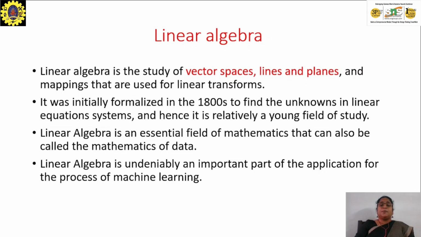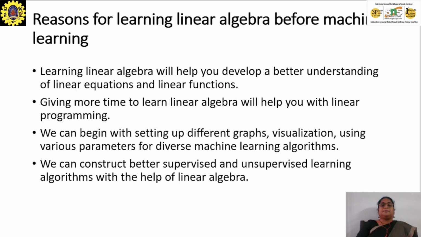It was initially formed in the 1800s to find the unknowns in linear equations, so we can say it is a young field of study. Linear algebra is essential in the field of mathematics. It is also an important part of application for machine learning. All the processing of machine learning algorithms is based on the concept of linear algebra.